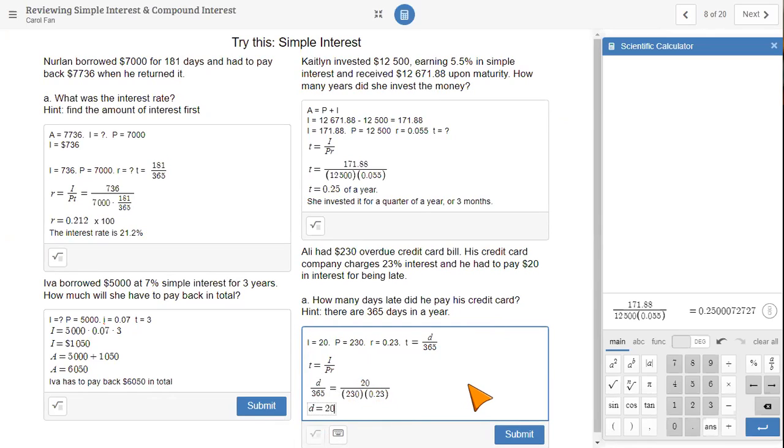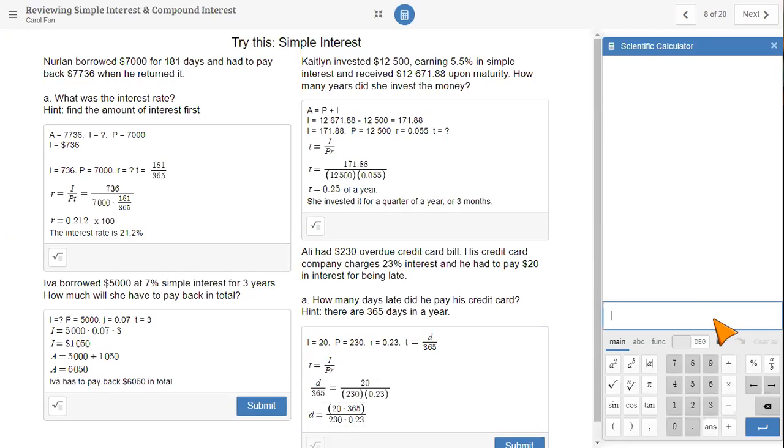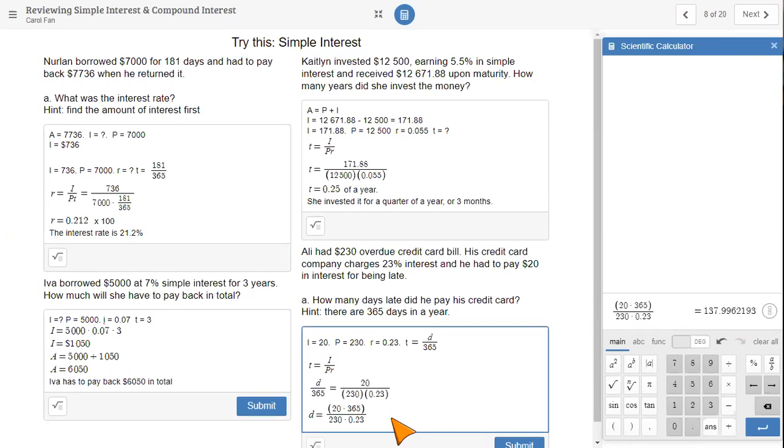So I have D is equal to 20 times 365 divided by 230 times 0.23. So days, 138 days.